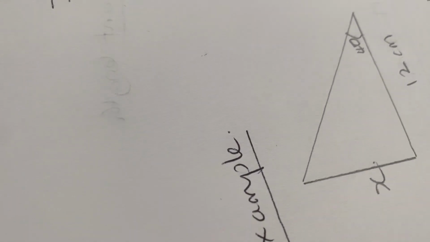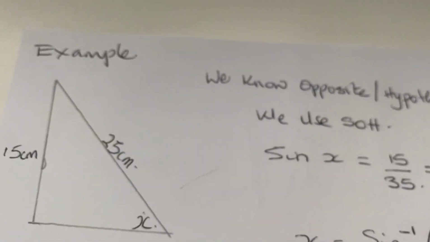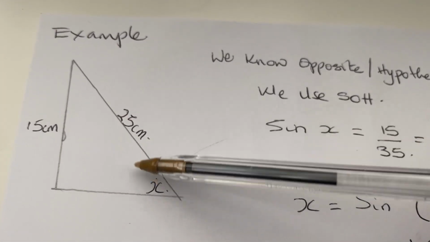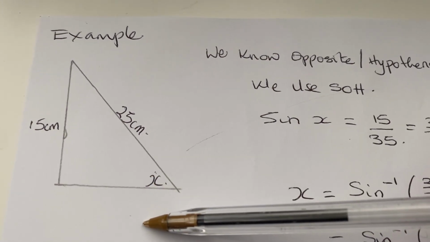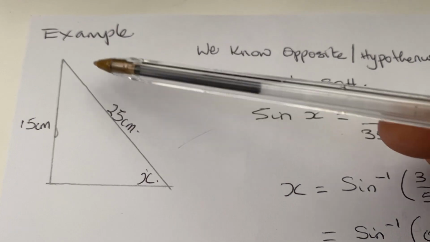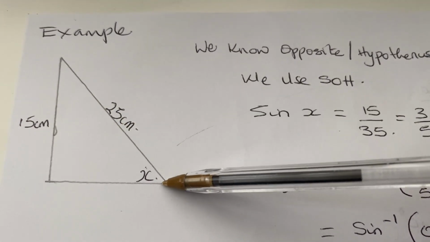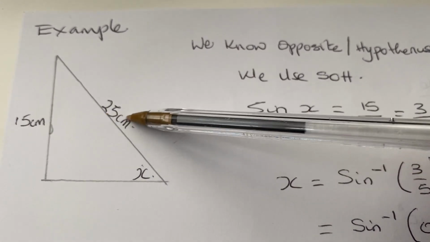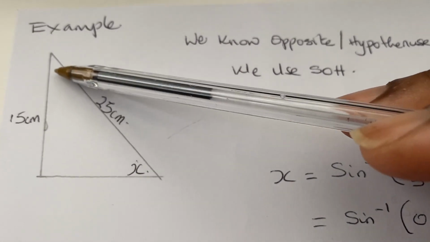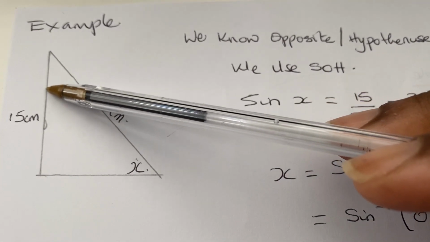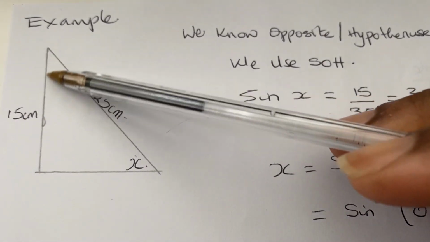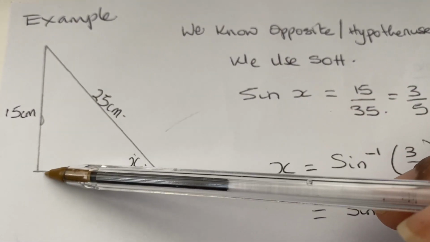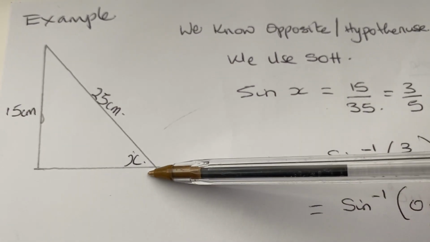Now let's look at another example. Now another right angle triangle. You remember when we're doing Pythagoras? It is the hypotenuse all squared, equals this side all squared plus that side all squared.